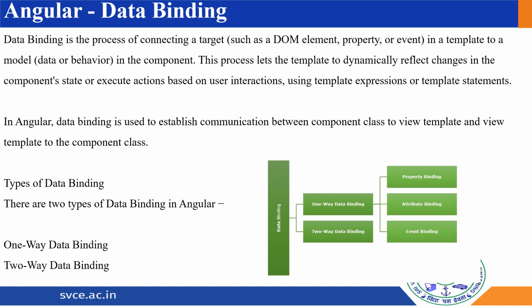In one-way data binding, there are three types: property binding, attribute binding, and then event binding.